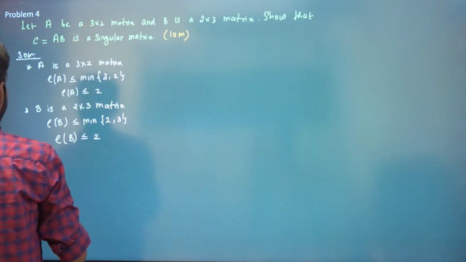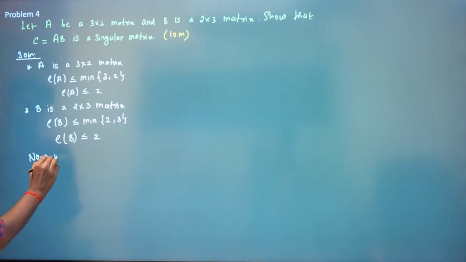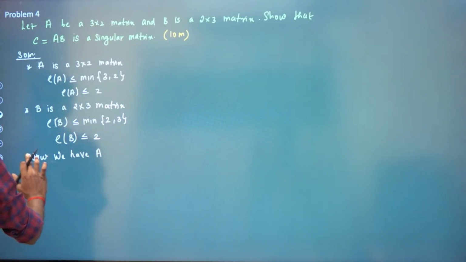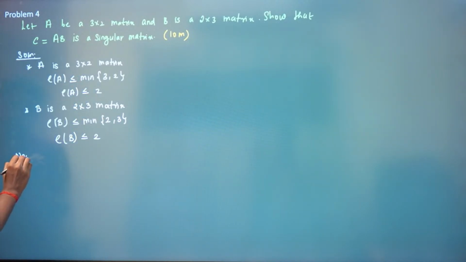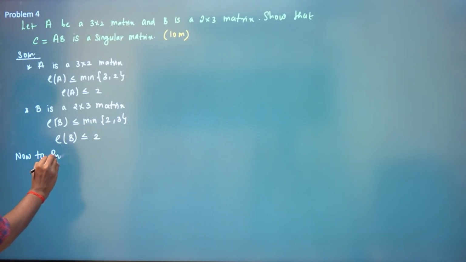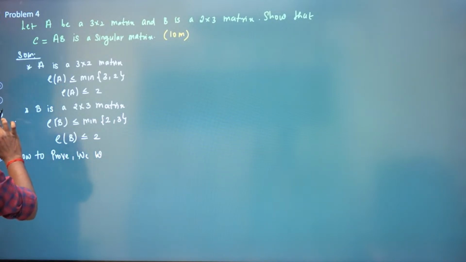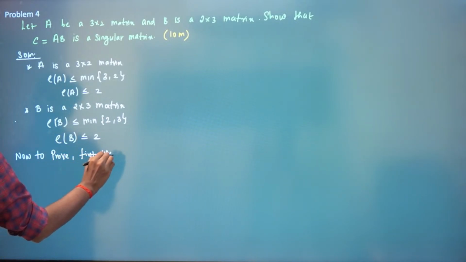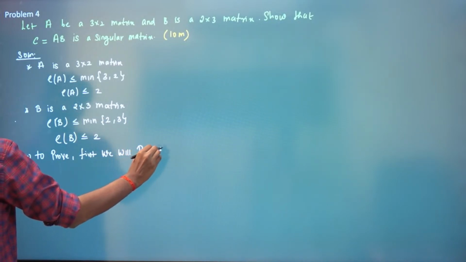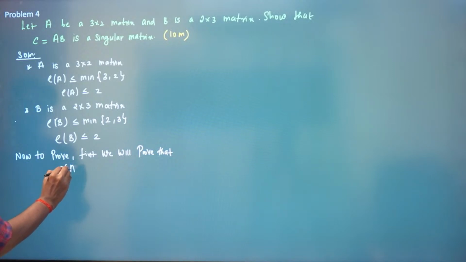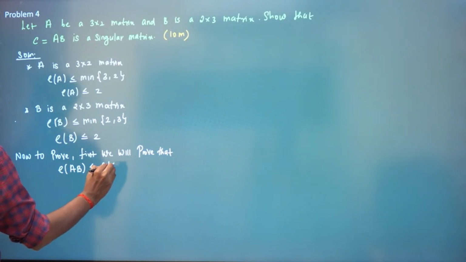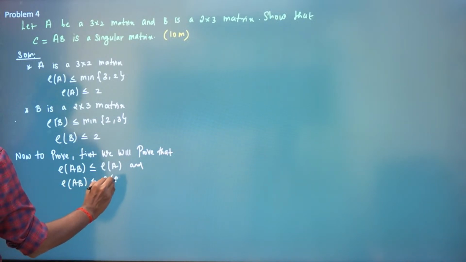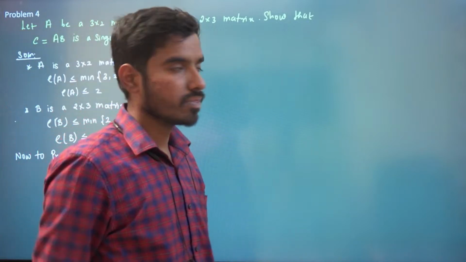Now to prove this, first we will prove that rank of AB is always less than or equal to rank of A, and we'll also prove that rank of AB is always less than or equal to rank of B. If I show these two things, then this will follow.